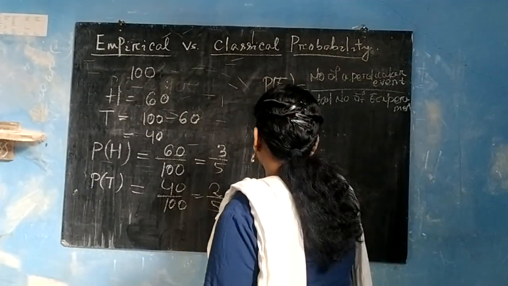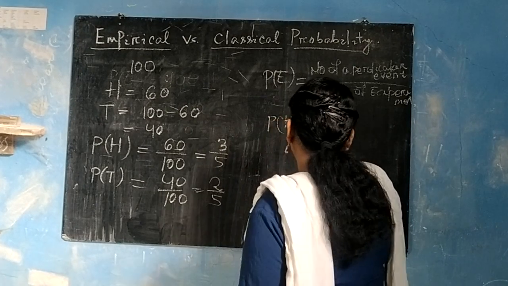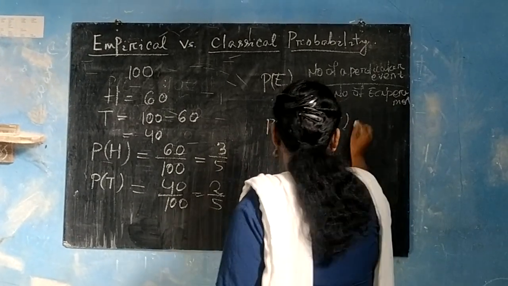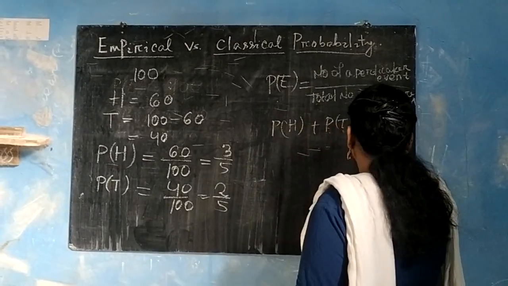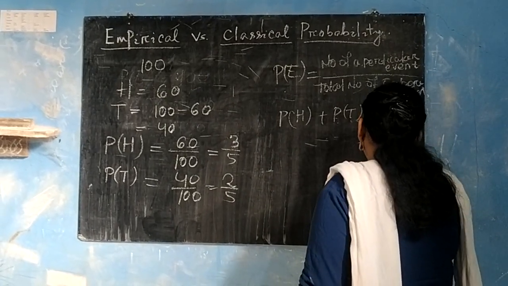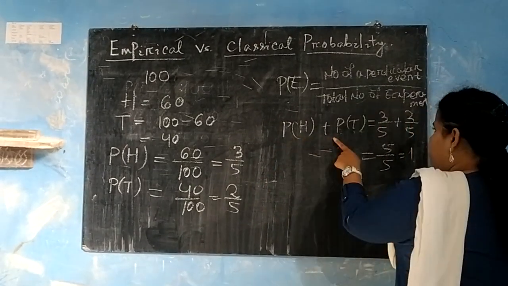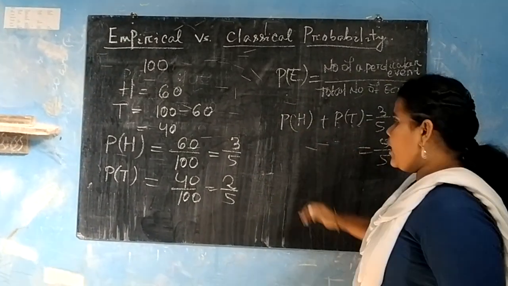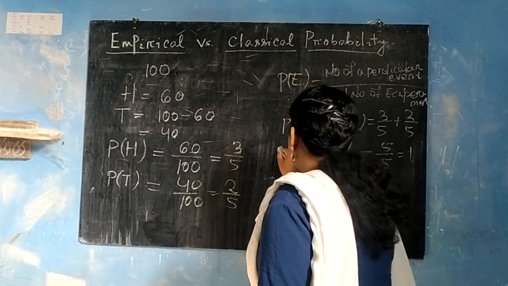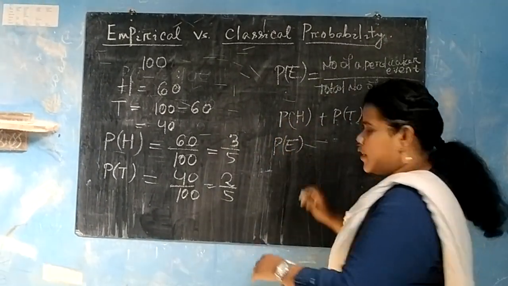So here we can write like that, PH plus PT is equal to 3 by 5 plus 2 by 5 is equal to 5 by 5, which is equal to 1. So PH plus PT is equal to 1. In the place of PH, we can write PE, meaning probability of an event.